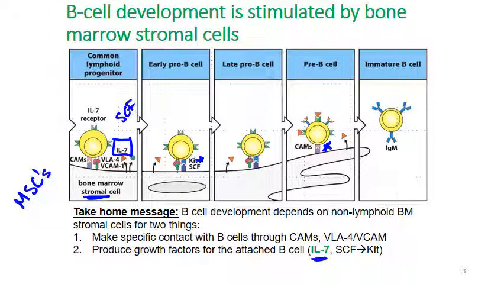The growth factors, particularly IL-7, are really important for helping the cell maintain its progress through the bone marrow, because the cell develops as it moves through until it's an immature B cell that can be released.